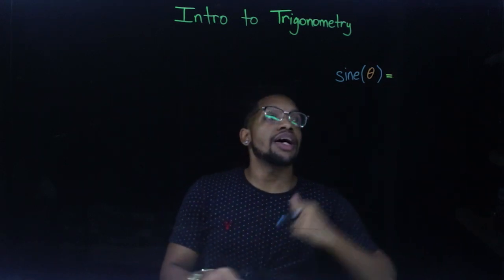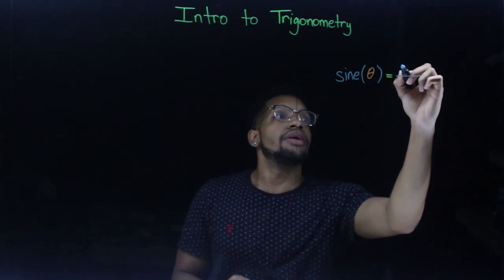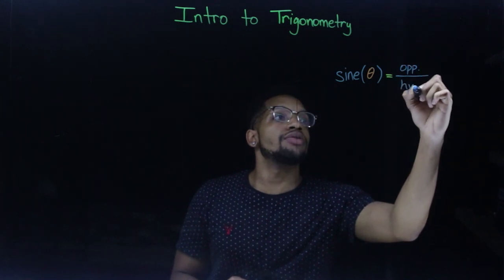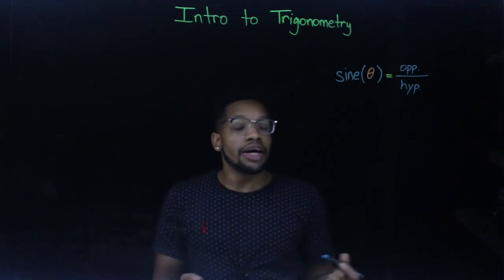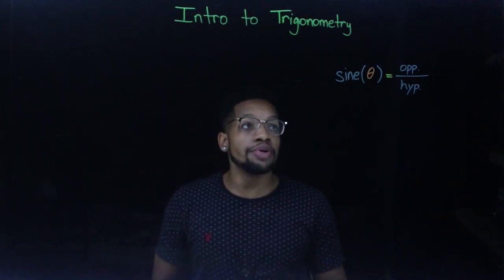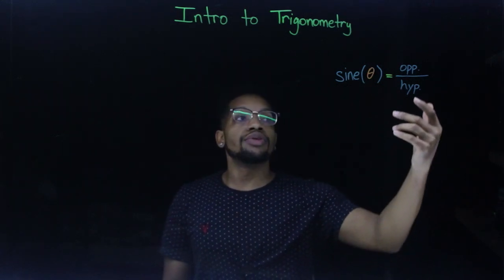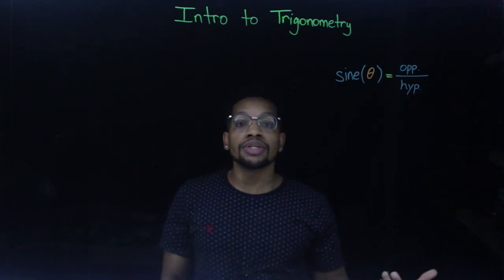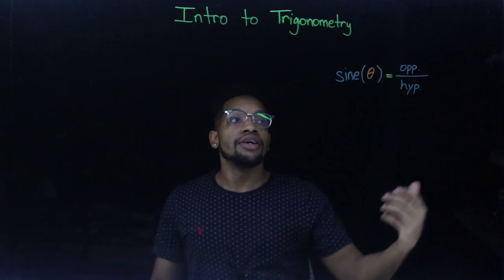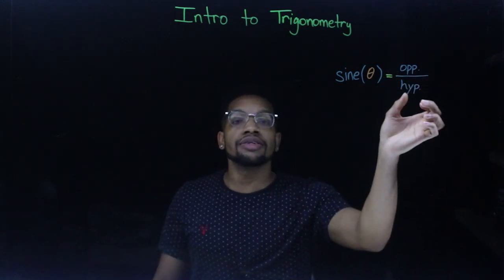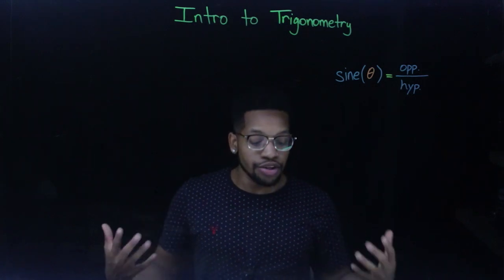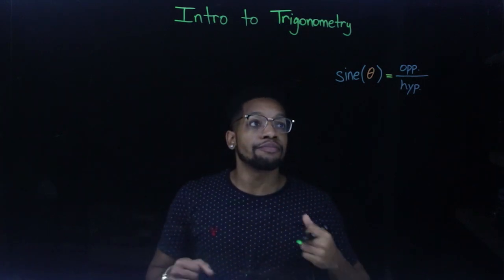And that ratio of sides is gonna be your opposite side over your hypotenuse. And that's just how you set up the function. You got your input theta, and then it's gonna be equal to your opposite over hypotenuse. Usually you're gonna be given one side and asked to find the other side. So it'll be like some number over x or x over some number. And we'll get into how to do it in a little bit.